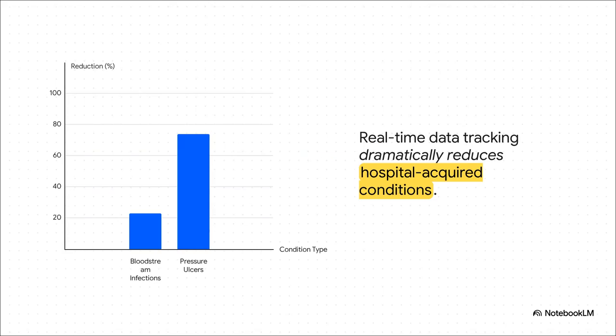That's huge. And look at the impact right inside a hospital. One pediatric center started using real-time tracking for things like hospital-acquired infections. By acting on clean, up-to-the-minute data, they slashed bloodstream infections by 23% and pressure ulcers by a jaw-dropping 74%. Those aren't just stats. Those are children who went home safe and sound.